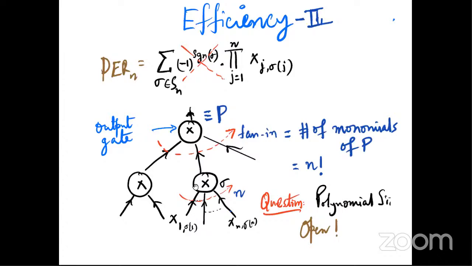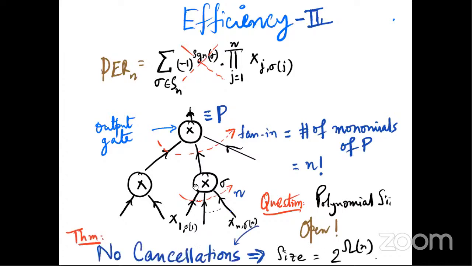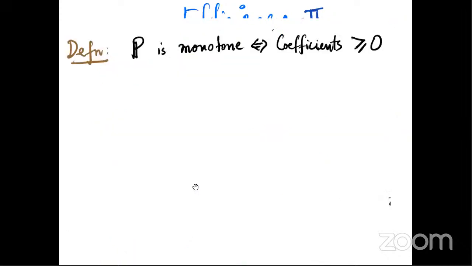And in fact, you can show that if you tied the circuit's hands behind, meaning you didn't allow any negations in the circuit, then you would require exponential size. So without cancellations, provably this requires exponential size, but with cancellations, we do not expect in this particular case cancellations to help, but we cannot show any good lower bound. So this is the state of affairs.